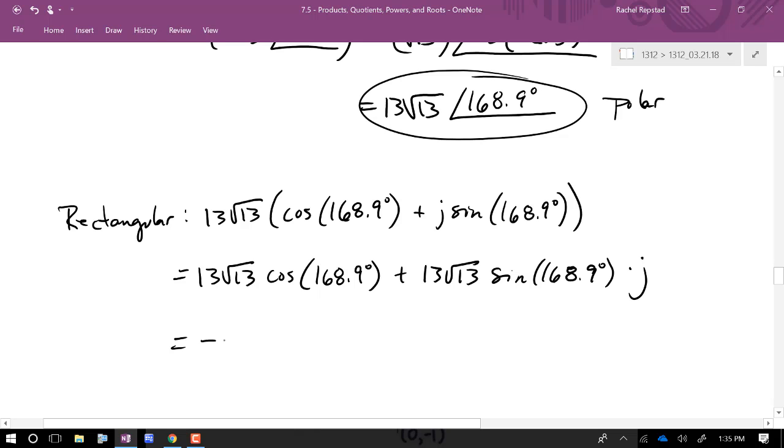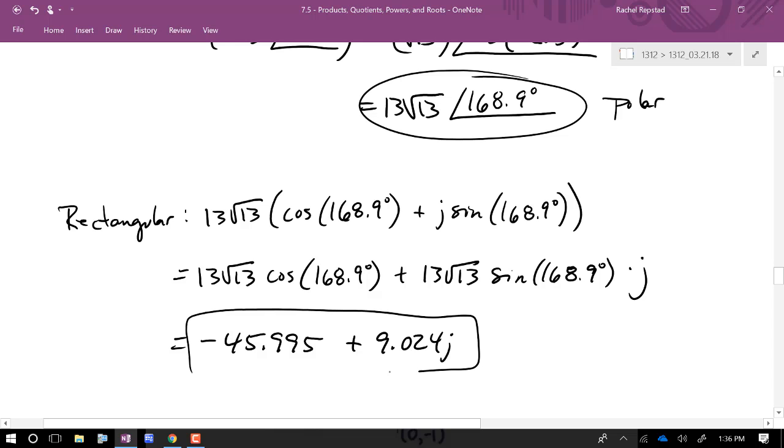We get negative 45.995, so pretty darn close to negative 46, and 9.024 plus 9.024j. So there's our rectangular form.